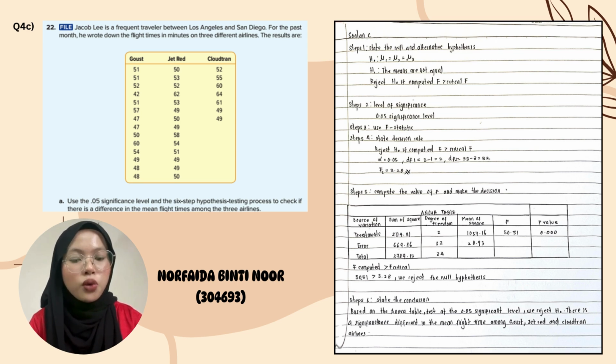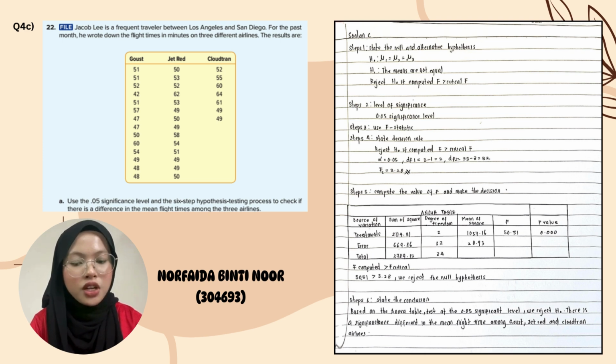To compute this, we need to do an ANOVA table. For the ANOVA table, as you can see, we get the same answer as in the picture. For the F, we get 50.51. We get this answer by dividing the mean square of treatment over the mean square of error.